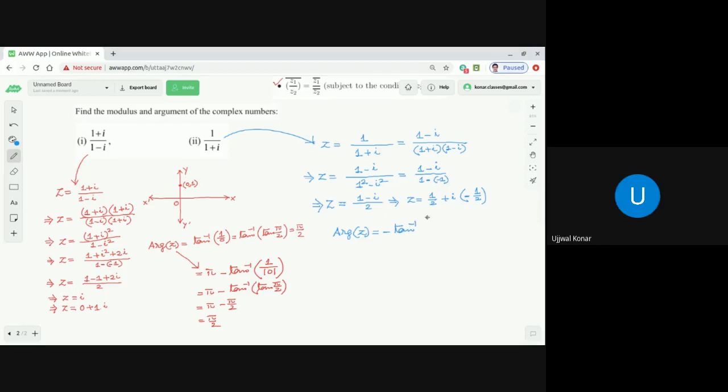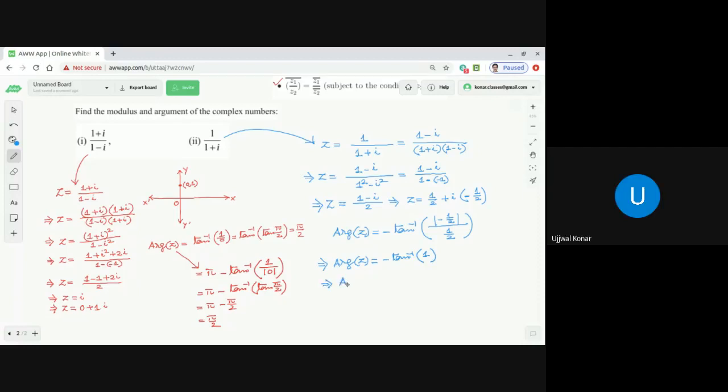So I'm just writing elaborately. Mod B, mod of minus half by half. In simple terms, as I said, dear students, you just want to find the positive values of the positive part of A and B. So argument of Z is equal to minus tan inverse of 1 by 2 by 1 by 2, that is 1.